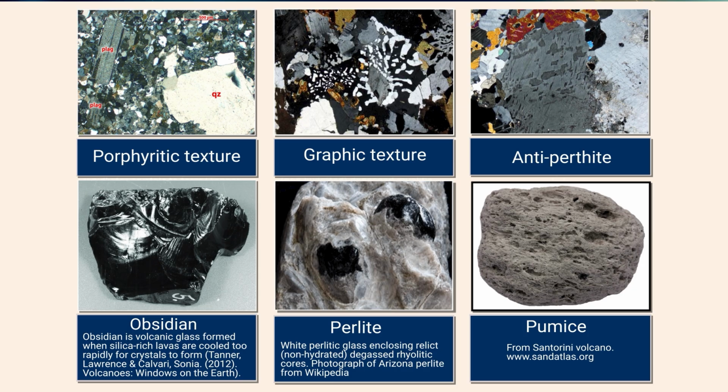The black ones are the rhyolitic cores and these white portions are the perlite glass. Then we have the pumice, which is a volcanic scoria type of thing, usually found in explosive eruptions of rhyolite, and they are usually filled with vesicles and are light in weight.